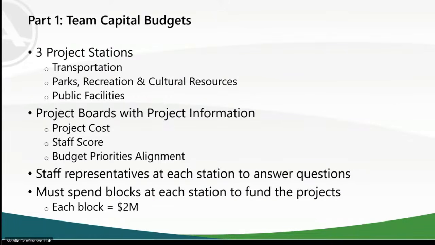There are 3 project stations around the room. First is facilities over here. In the front middle is transportation projects, and in the back corner is our parks and recreation projects. There are going to be staff members in charge of these capital projects near each board. You can ask them any questions that you have about the projects.